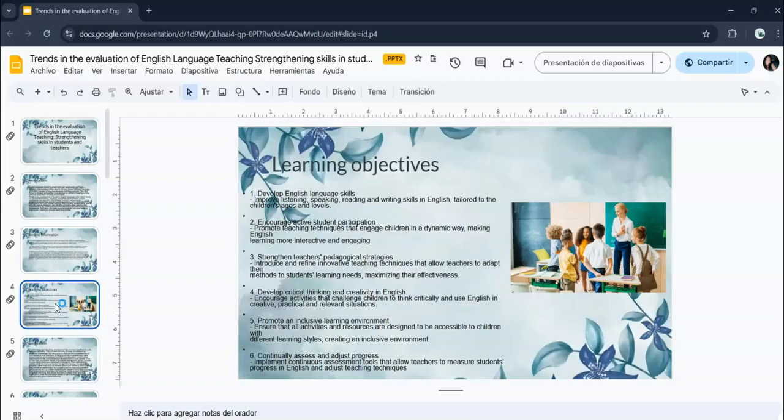Number two, encourage active student participation. Number three, strengthen teachers' pedagogical strategies. Number four, develop critical thinking and creativity in English. Number five, promote an inclusive learning environment. And number six, continually assess and adjust progress.